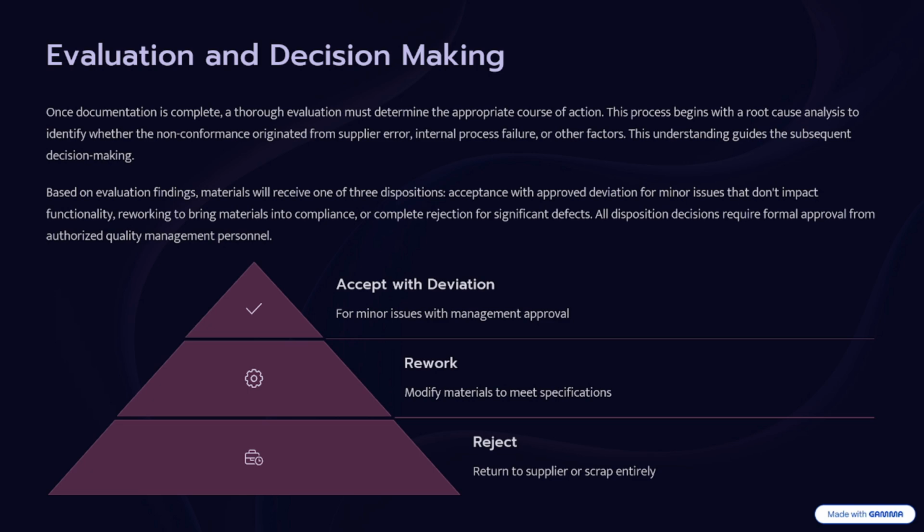They will take decisions and try to identify the root cause for that non-conforming material, how it arrived at site, whether it's an internal process failure, a supplier mistake, or a procurement mistake. Whoever made the mistake, they will take the decision based on that understanding. So this is the procedure of evaluation and decision making.